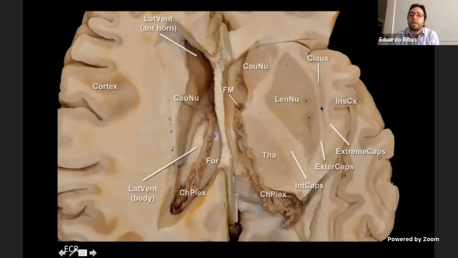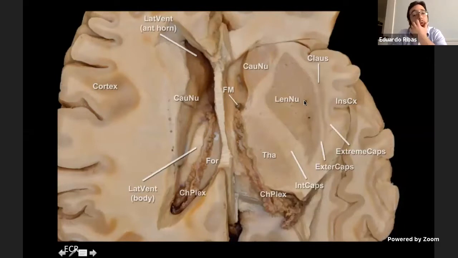The claustrum has a different circuitry from the other basal ganglia, so some authors will not refer to the claustrum as basal ganglia because it has a different circuitry. There's a very nice article about the claustrum from Fernandez Miranda. Then medial to the claustrum, we have the external capsule of the lentiform nucleus.